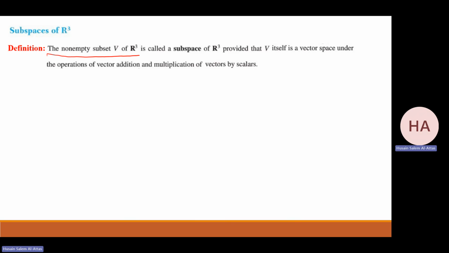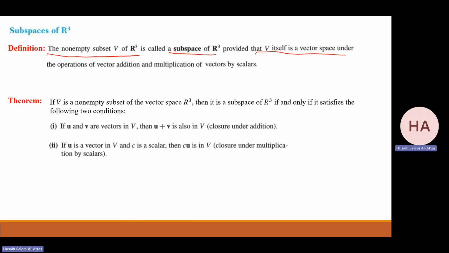This subset is non-empty. But for sure, we cannot check all of these 10 conditions. So we need to check only 2 conditions. Is V non-empty? Is it closed under addition and closed under scalar multiplication?